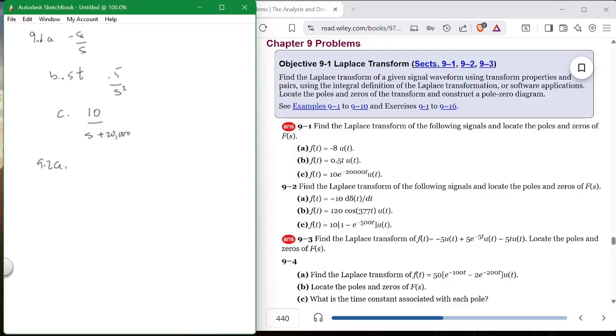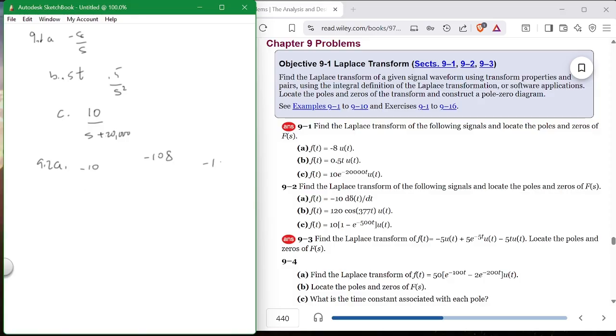Now this one does not show up on your screen. Let's just use, instead of the d of delta, let's just use the delta. Minus 10 delta. What is that one? Minus 10 delta is that.